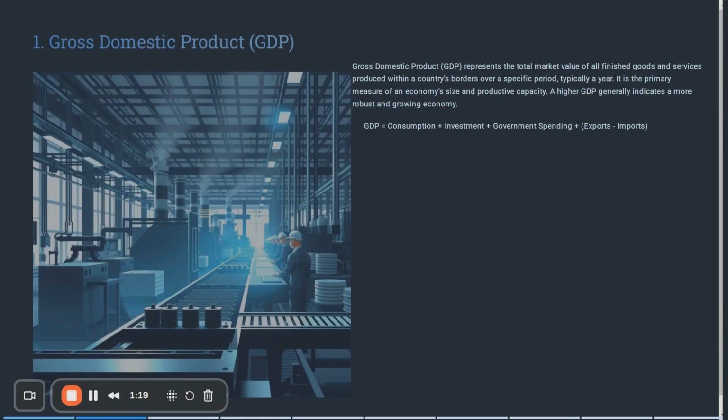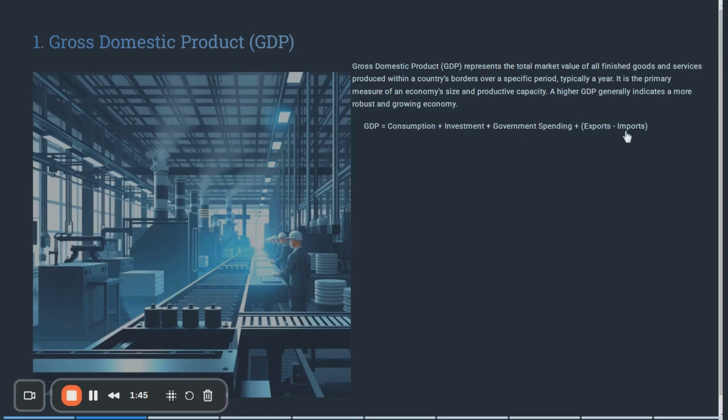It is a primary measure of an economy's size and production capacity. A higher GDP generally indicates a more robust and growing economy. GDP is equal to consumption plus investment plus government expenditure plus exports minus imports.